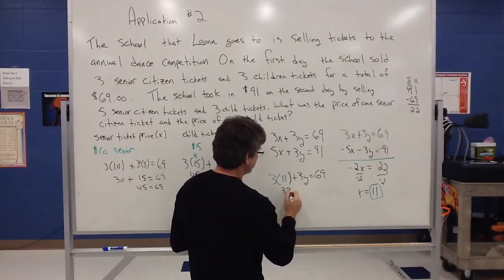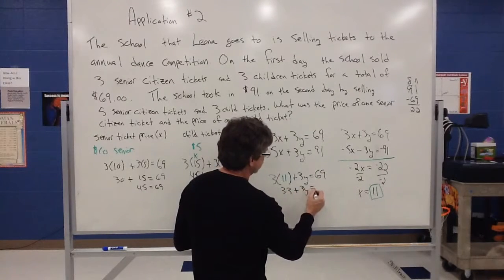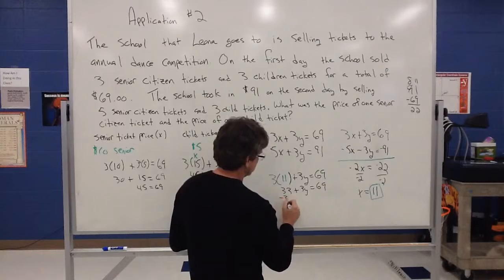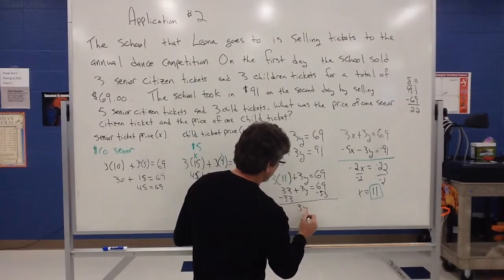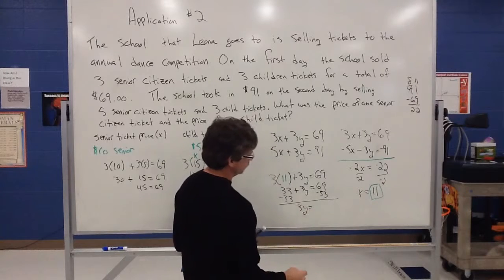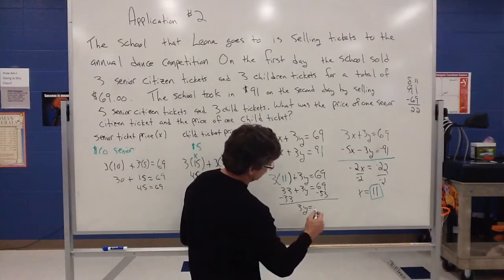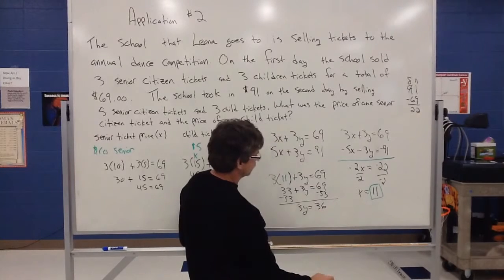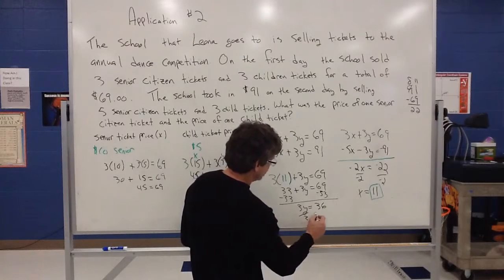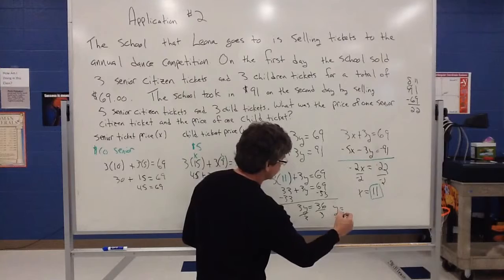So I have 33 plus 3y is equal to 69. Zero out the 33. 3y is equal to, is it going to be 36? Yeah. Divide by 3. Y is going to equal 12.